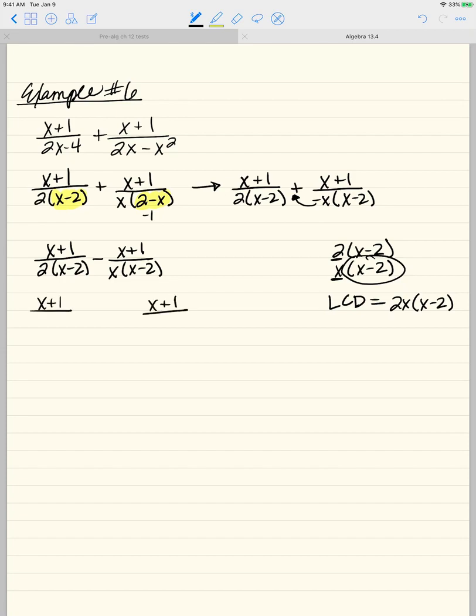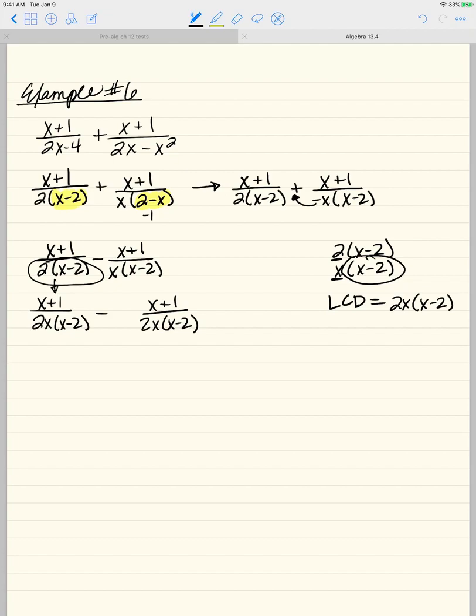I'm going to just kind of make this a little bit shorter because this is turning into a much longer lesson than I thought it was going to be, okay? So my lowest common denominator is going to have to be 2x times x minus 2, minus 2x times x minus 2.